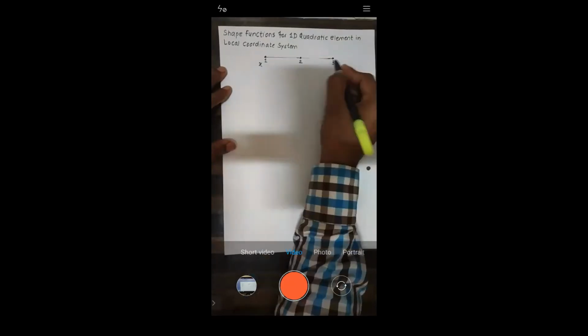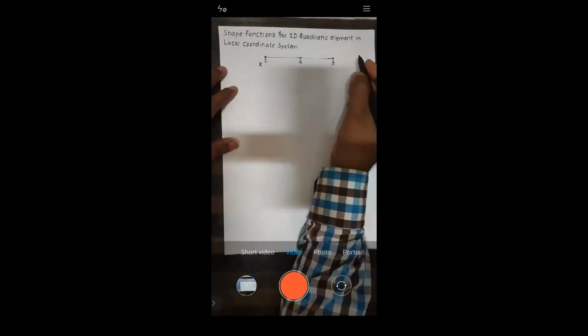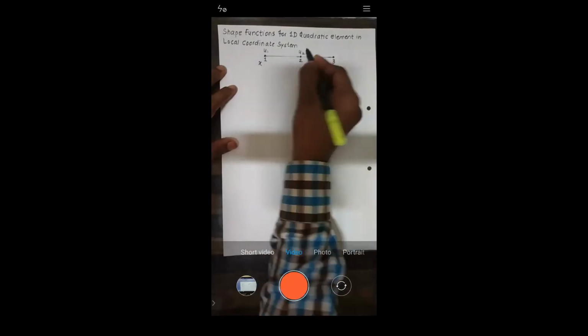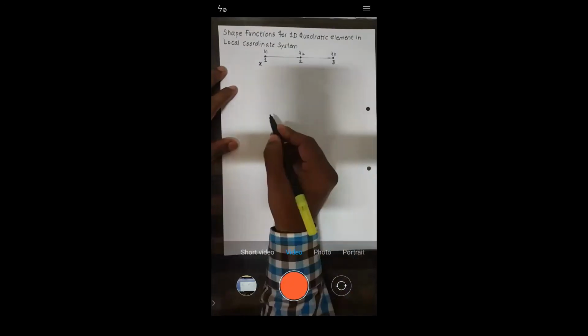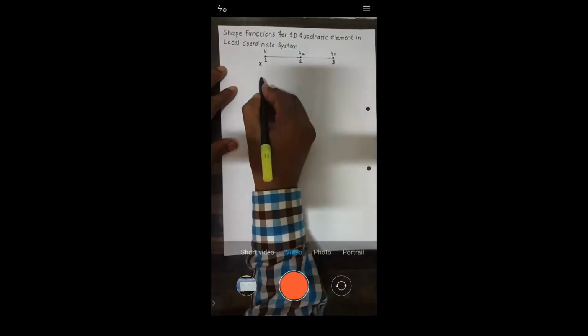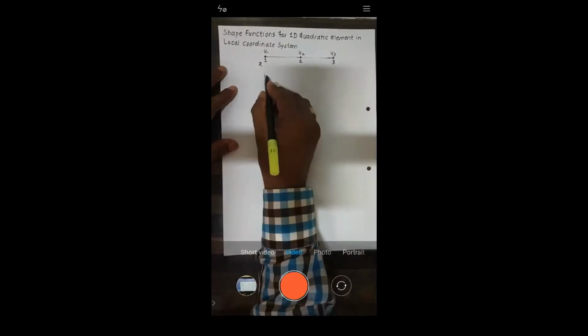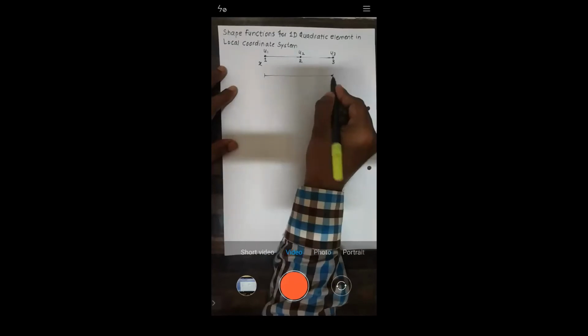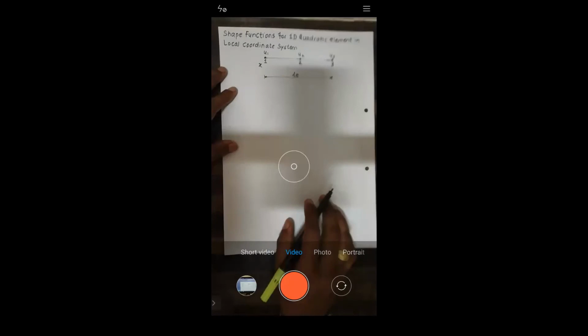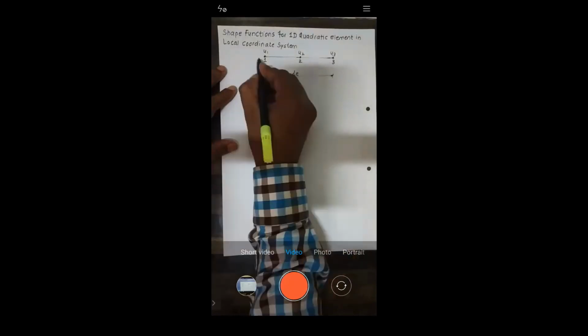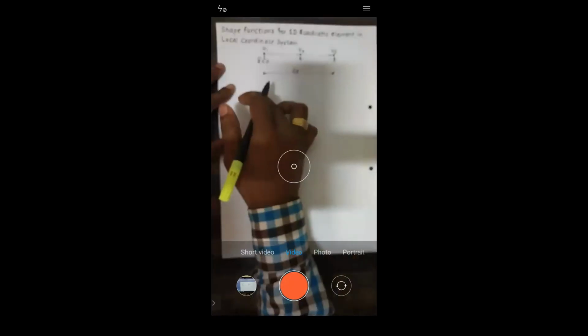Each node will have some displacement: U1, U2, U3. What is the total length of the element? We used to call that length LE. Total length of the element is LE. Here what is the value of x bar? 0. This is the extreme left boundary, so x bar is equal to 0.